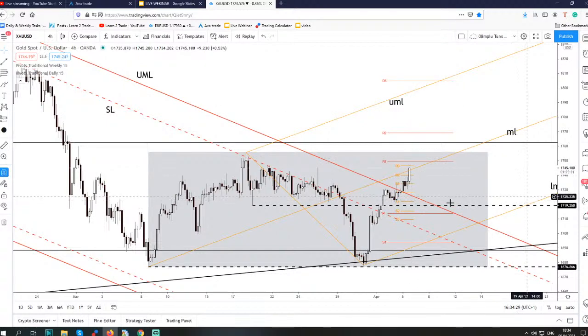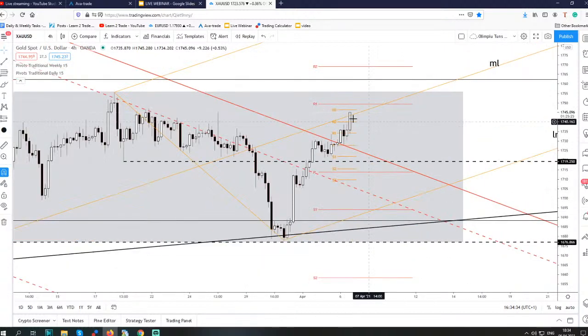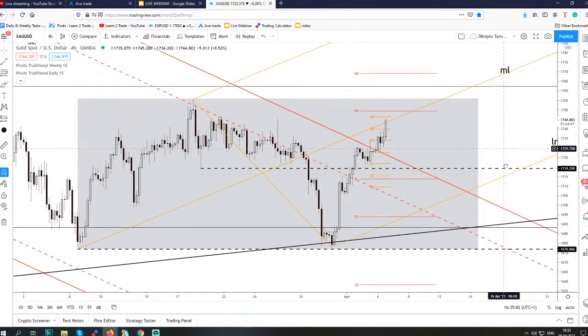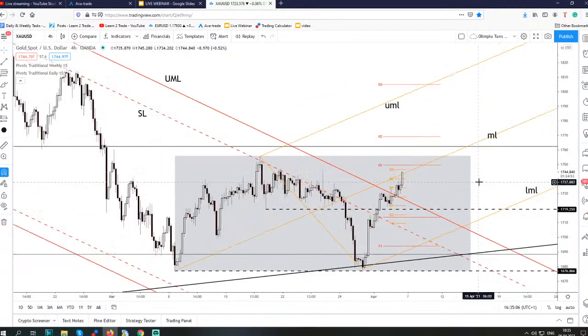Or if the price will register only a false breakout here above this medium line, if it will fail to stabilize above it, if it will register a false breakout here above the R1, then we may have a temporary decrease in the short term, and a temporary decrease here could help us to catch another buying opportunity. So the price of gold is strongly bullish in the short term.